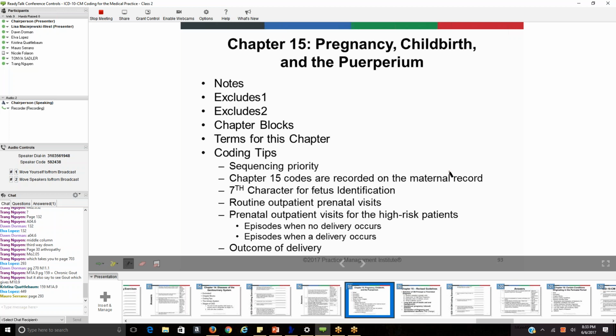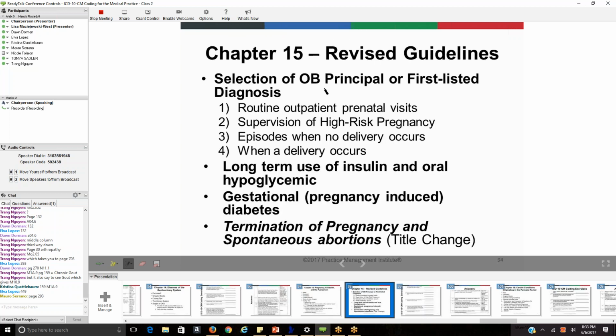As far as the selection of the long-term use of insulin and oral hypoglycemic, you can find the coding guidelines for that on page 87. It should be assigned if the patient is being given long-term.